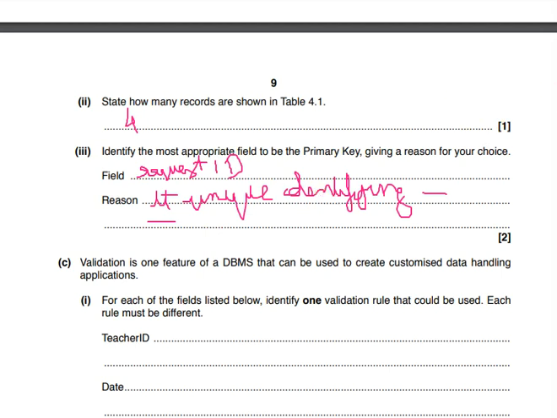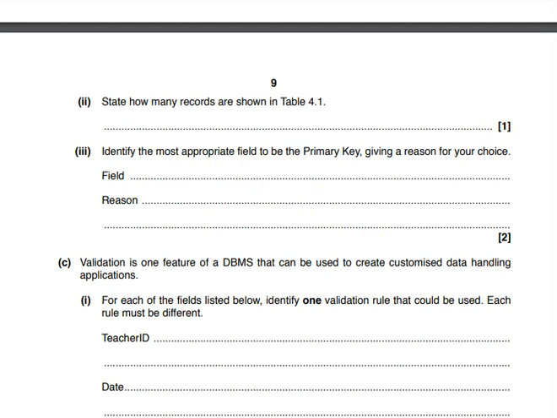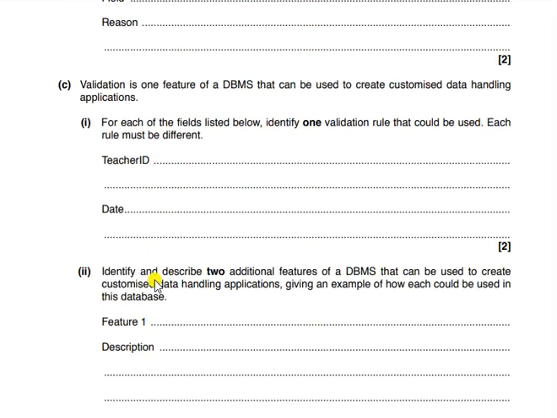Now let us look at the next part. In the next part, they have asked that validation is a feature of DBMS that can be used to create customized data handling applications. Now what are validations? Validations are checking whether a given value is correct or not according to the requirement of the software.